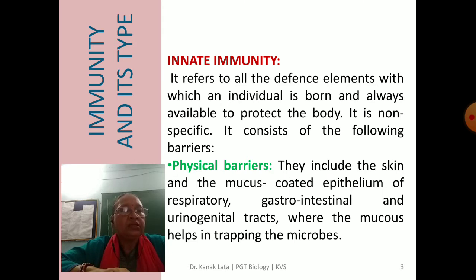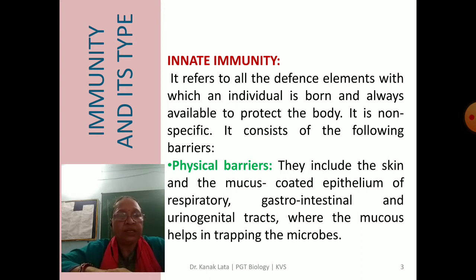Let us discuss the different barriers of innate immunity. First is the physical barrier. Physical barriers include skin, and the mucus coated epithelium of the respiratory, gastrointestinal and urinogenital tracts.